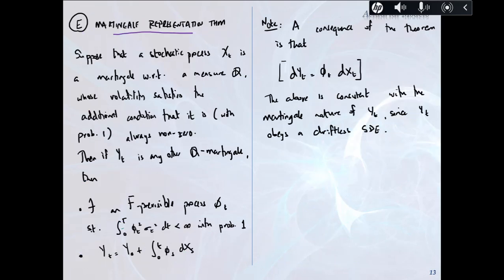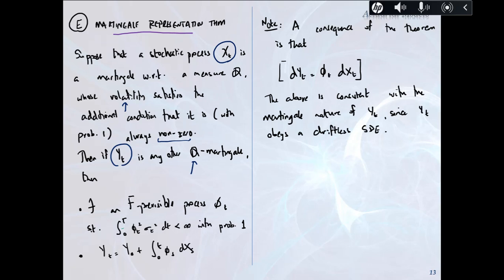So the martingale representation theorem says that if I have a stochastic process X_t, which is a martingale under Q, whose volatility satisfies the additional condition that it is with probability 1 always non-zero, then we have Y_t being another Q martingale process.